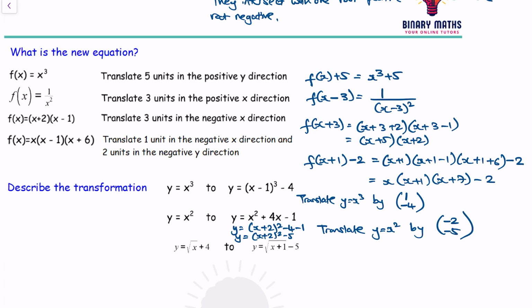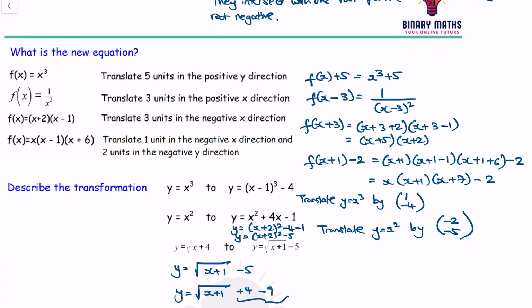y is equal to root x plus 4 to y is equal to root x plus 1, take away 5. So if I take root x plus 1, take away 5, this can be rewritten as root of x plus 1 plus 4. I need to take away 5 for this. So what do I need to do to plus 4 to take away 5? I need to take off 9.